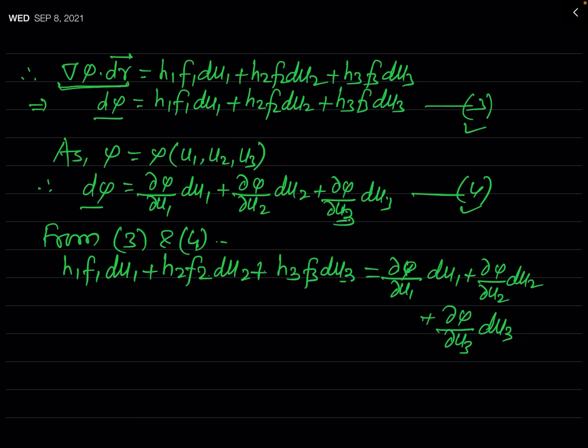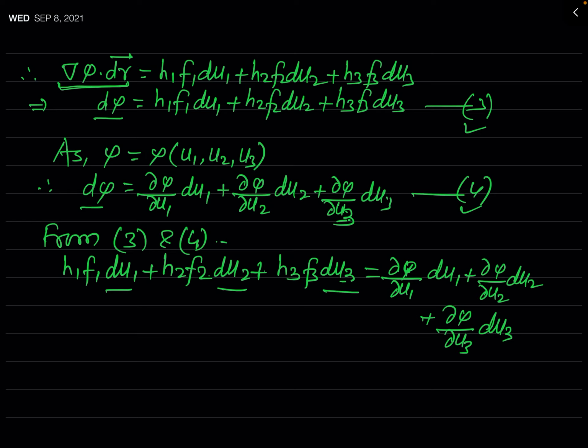Now you know u1, u2 and u3 are independent variables. Similarly, you can say that the elementary changes in u1, u2, u3, that is du1, du2 and du3, are also independent from one another.